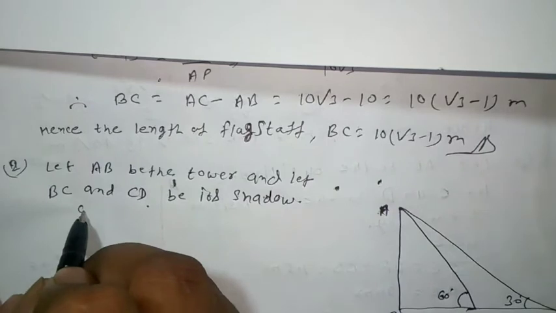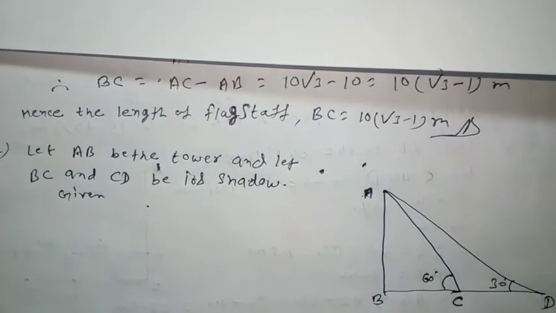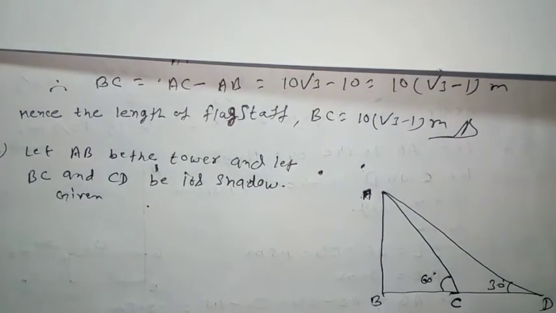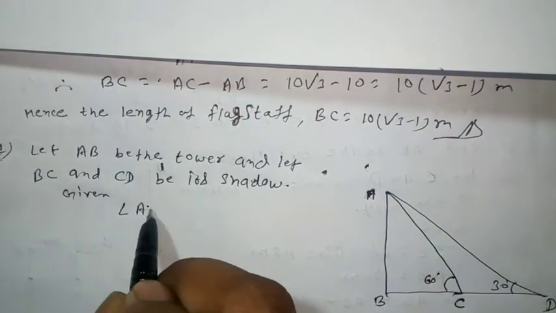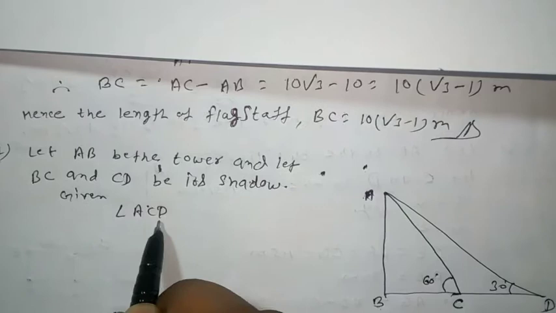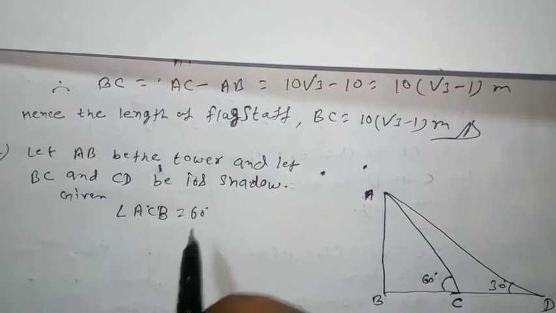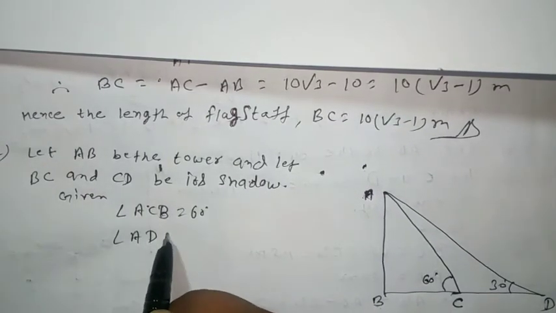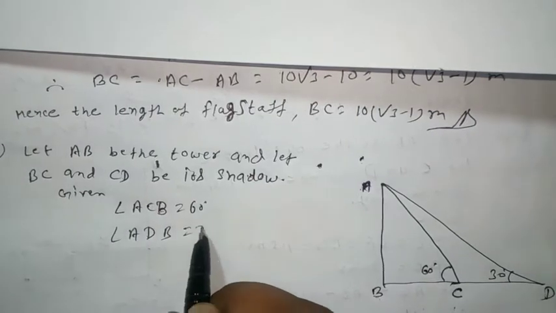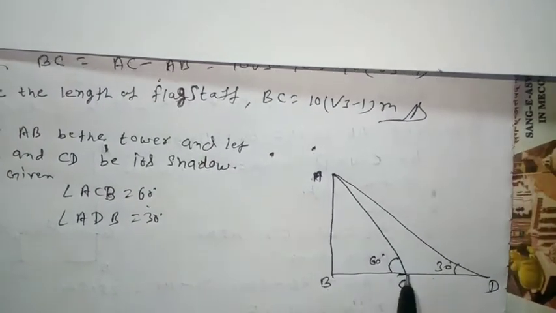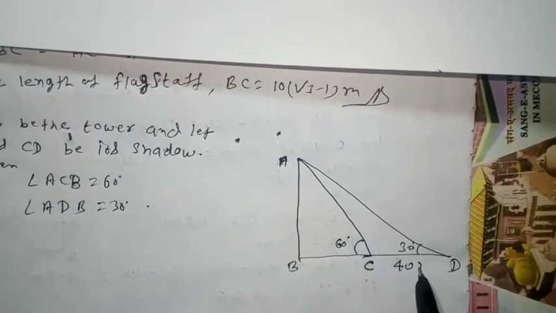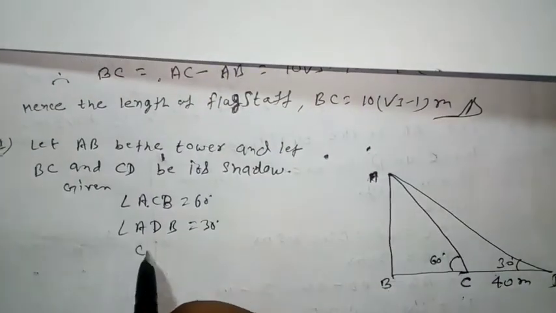Given angle ACB is equal to 60 degrees, angle ADB is equal to 30 degrees, and this is 40 meter longer. It means that CD is equal to 40 meter.